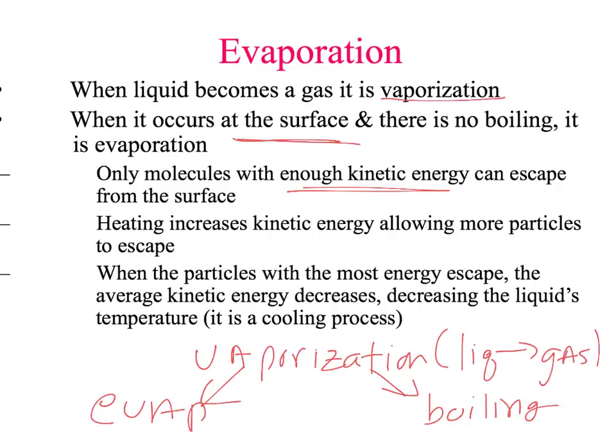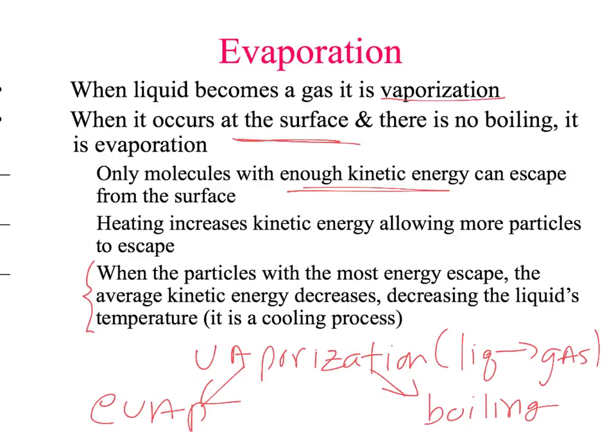Now, the interesting thing is this last little paragraph right here. When the fastest molecules leave the system, since they have the greatest kinetic energy, then what that means is that it lowers the average kinetic energy of the rest of the system. That was the example we were talking about in class: if I took all the highest grades in the class and removed them from the average, then the class average would collectively be lower.